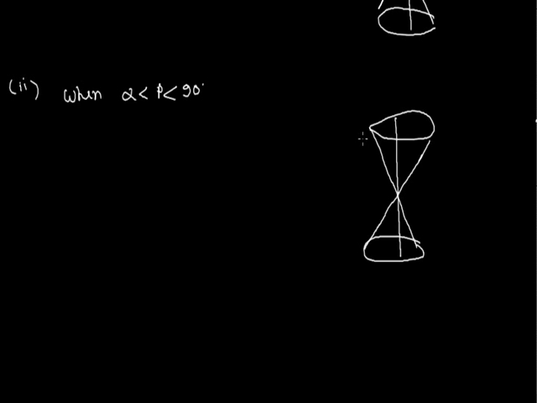If the plane makes an angle less than 90 degrees but greater than alpha, the section so formed is an ellipse, because the section is like this.